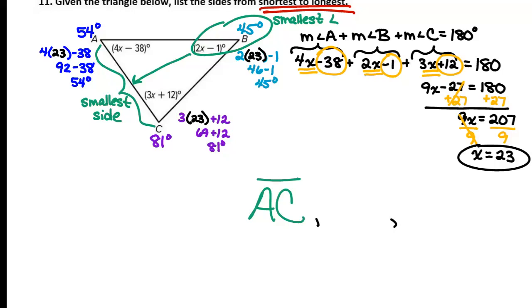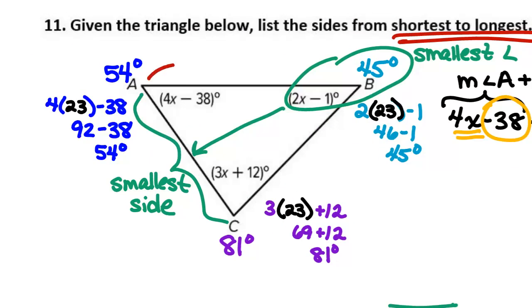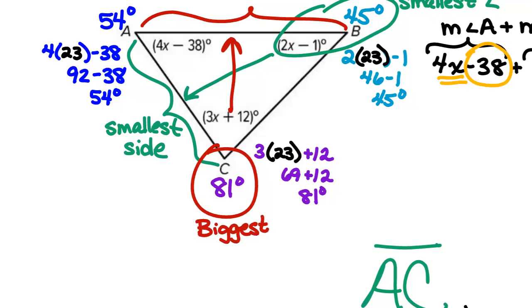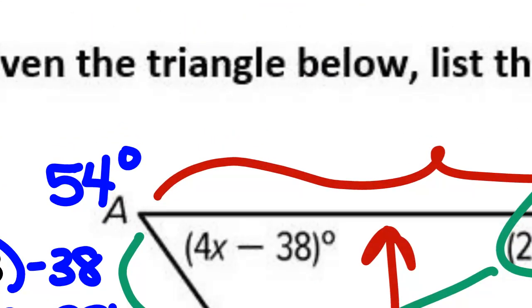Do the biggest next. Which side would be the biggest side? AB. Because it's across from the biggest angle. Angle B is my biggest angle at 81. So AB is the biggest side.